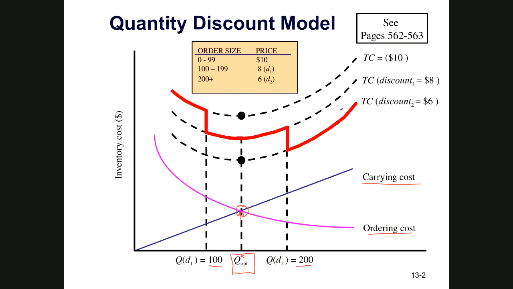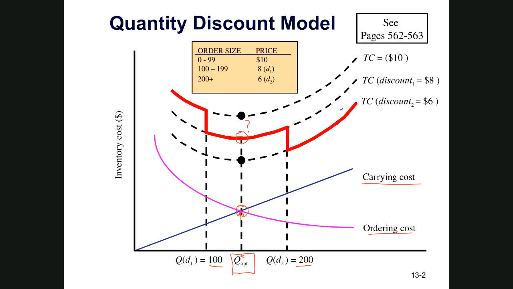We notice that it falls here, and so it would tell us that once we calculate the total annual inventory cost, it would be here. But the question is, again, is this the lowest total annual inventory cost?